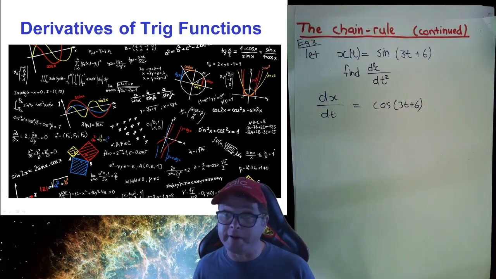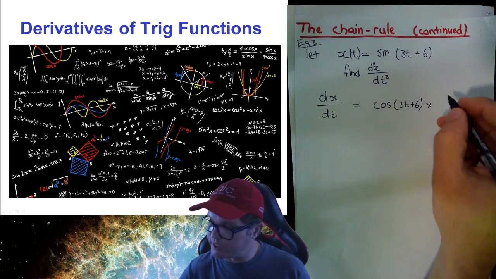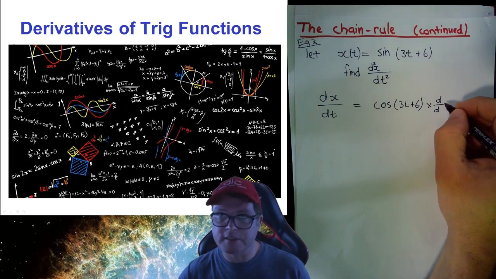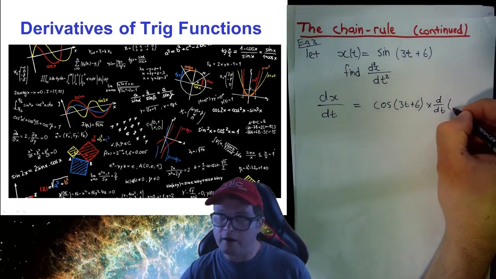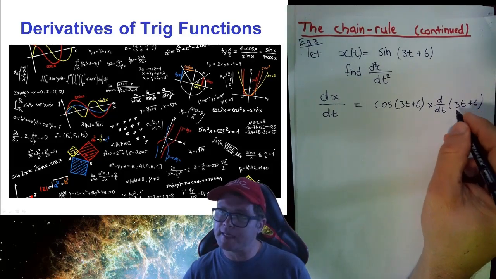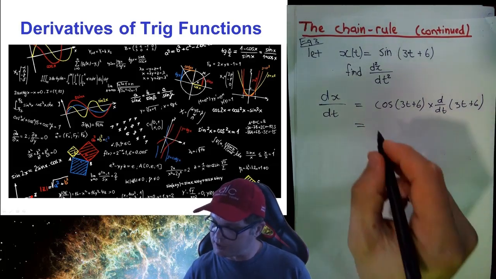We need to remember, of course, to apply the chain rule. So this says we need to differentiate whatever's inside the bracket. So this will be d dt of 3t plus 6. When we differentiate 3t plus 6, we can see that we're left with just a 3.